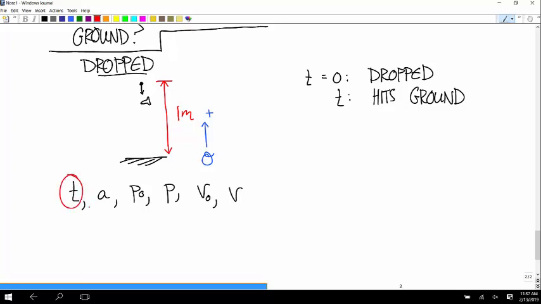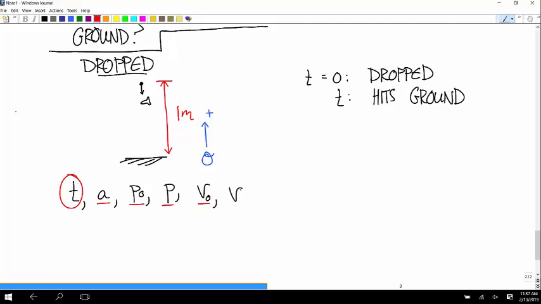Do we know the acceleration? Yep, it's free fall. Do we know the initial position? Yep, if you start at 0 and go 1 meter in the positive direction, you're at +1, so we know that. Do we know the final position? 0, yep. Do we know the initial velocity? That's right. And do we know the final velocity?